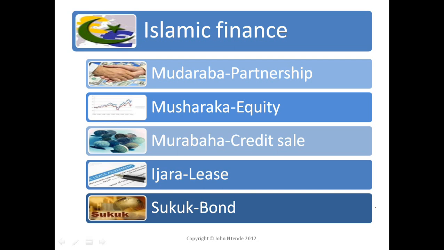So Islamic finance, 5 contracts: partnership, equity, credit sale, lease, and bond. The key principle behind Islamic finance is that interest is prohibited. So all these contracts are formed in such a way that interest is not very explicit.